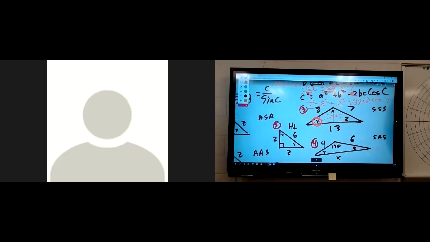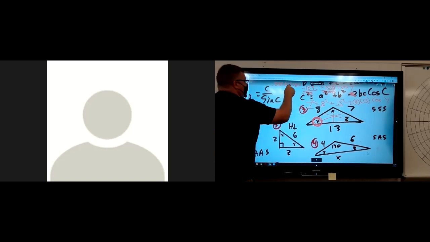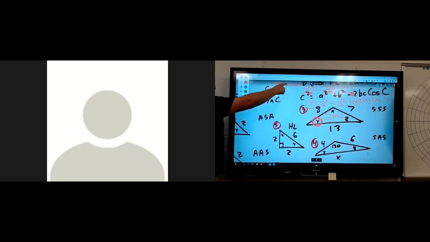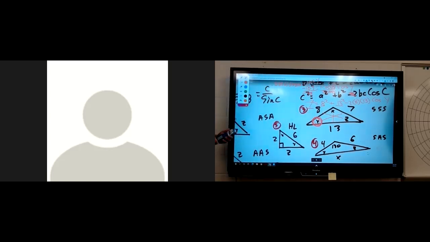Could I do that? Or maybe even if I just wrote that many numbers, would that help me? Equals cosine y. Now what do I do to get y? Second cosine inverse of that answer. 27.7957. Does everybody agree with that?